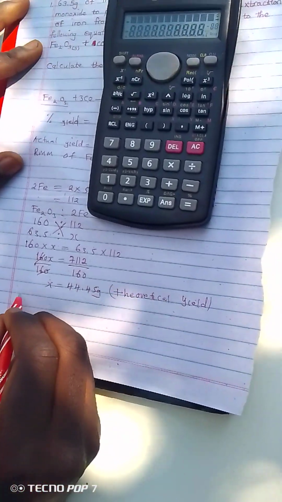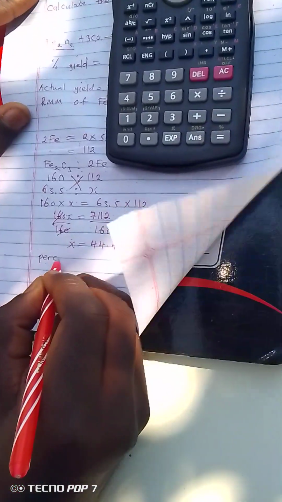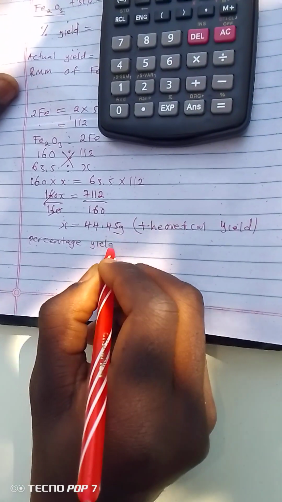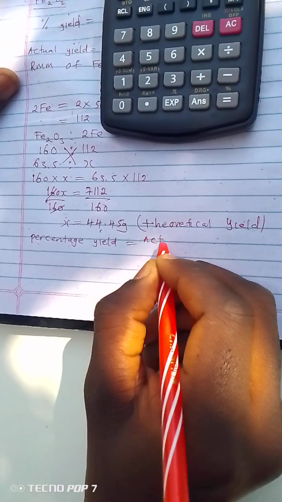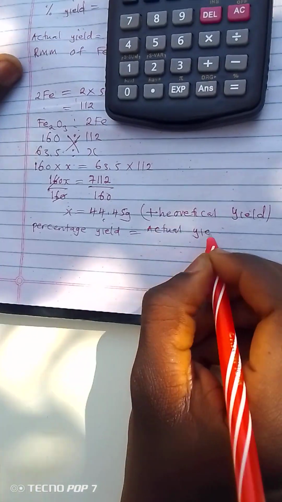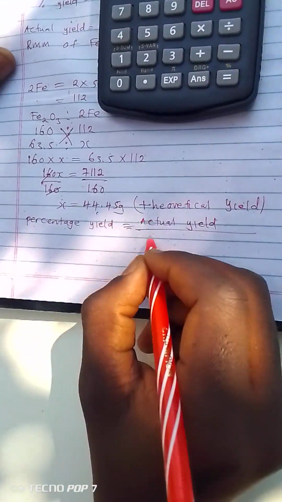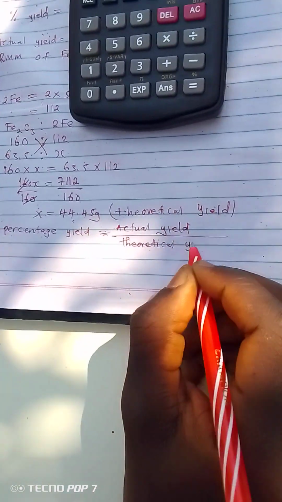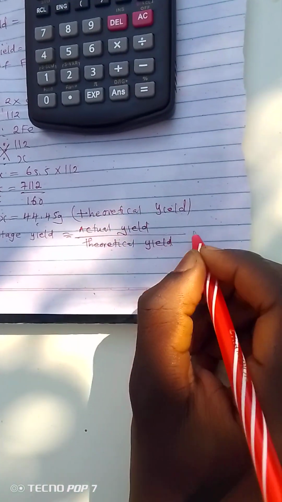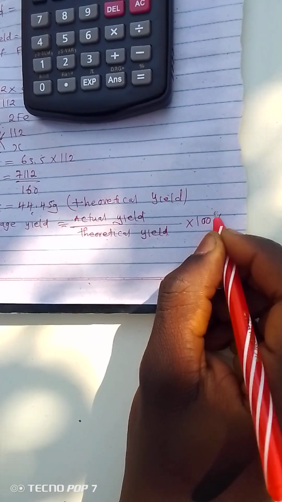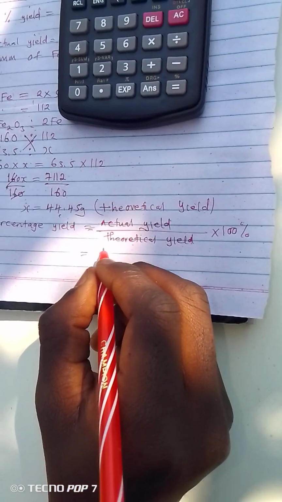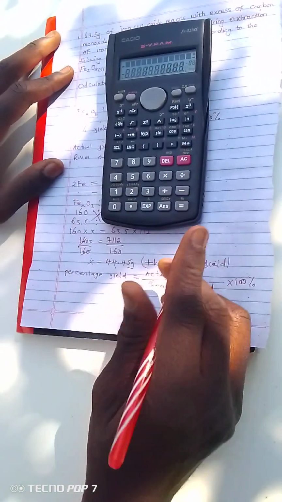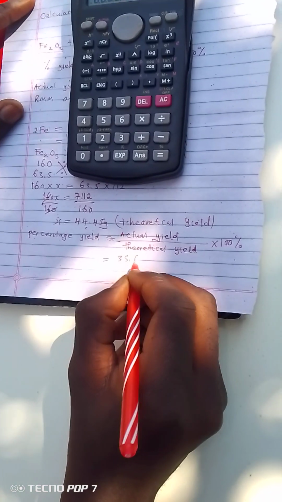So now we use the formula. Percentage yield is equal to actual yield over theoretical yield multiplied by 100%. So our actual yield, how much is it? That's 35.6 grams.